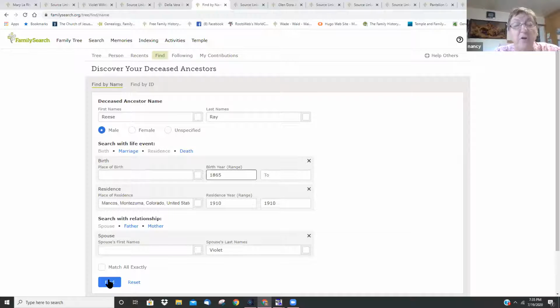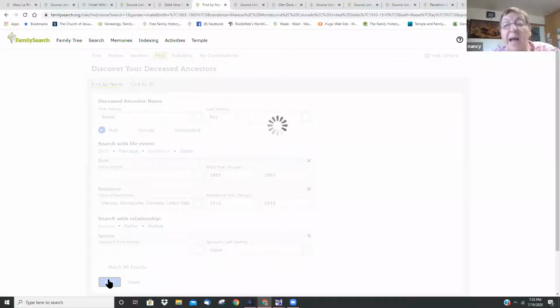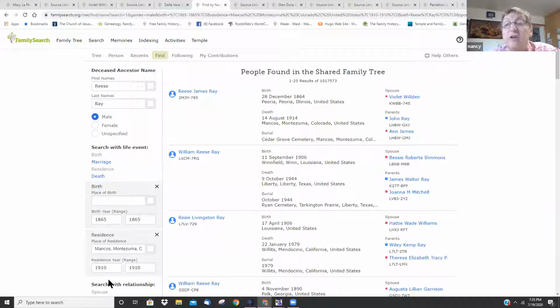So then I do Find, and I let the computers at FamilySearch see if they can find him. And lo and behold, they found him. Reese James Ray. It says he was born in Illinois, not Kentucky. But it does say that he died in Mancos and was buried in the cemetery where all my family is, and that he's married to Violet Wilden.